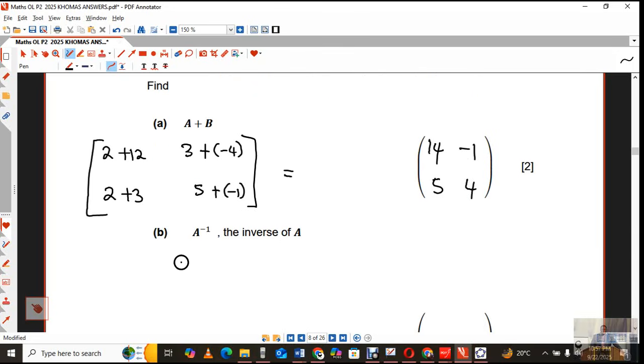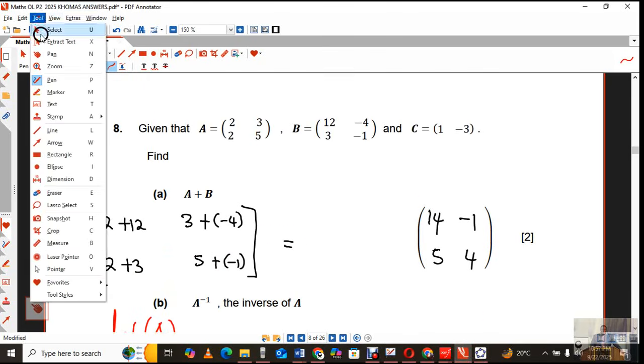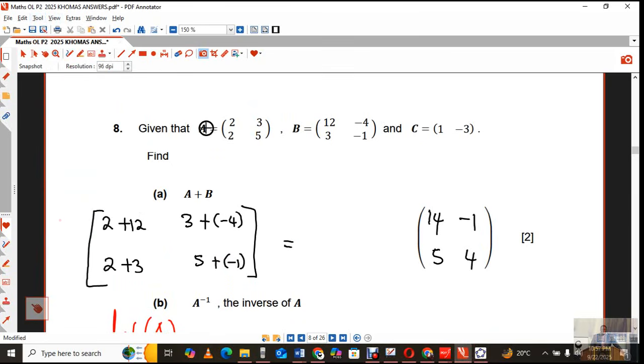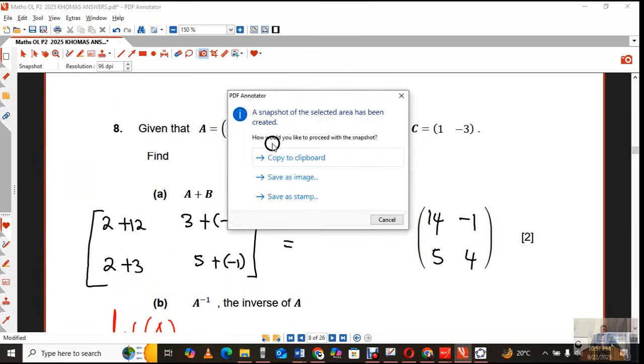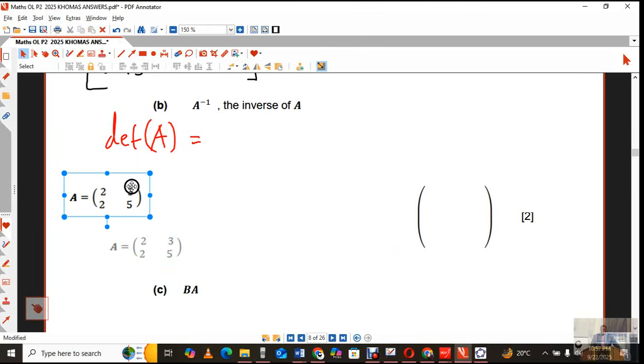Whenever you find the determinant or the inverse, the first thing you need to do is find the determinant of matrix A. Let's bring matrix A quickly back in here. Matrix A, which is this one over here, I'm just going to paste it under here.